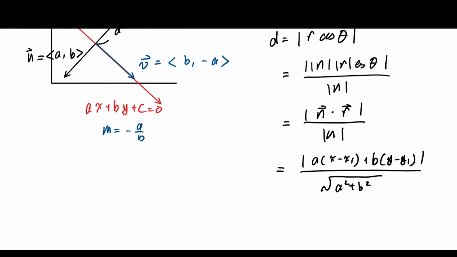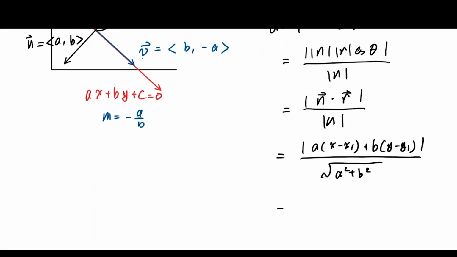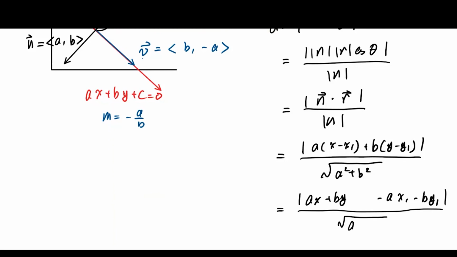Oh, now it's all downhill from here. So what we have is ax minus ax1 plus by minus by1. So far so good? Close parenthesis, close absolute value. Still with me?